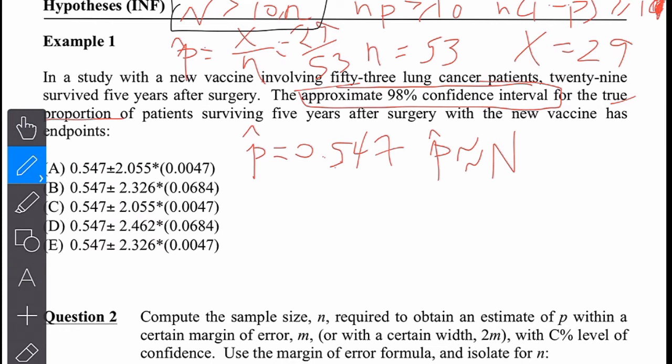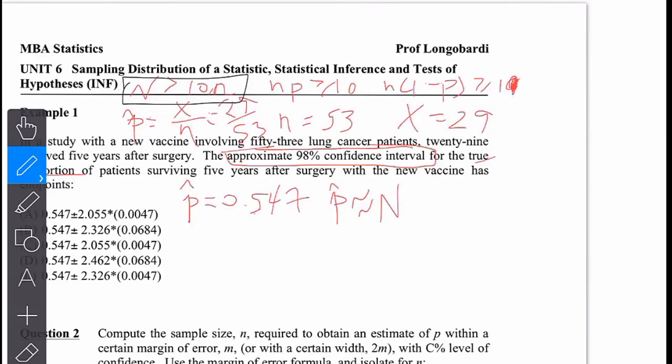And so if that's the case, then p hat is approximately normal with a mean of p and a standard deviation of the square root of p times 1 minus p over n.